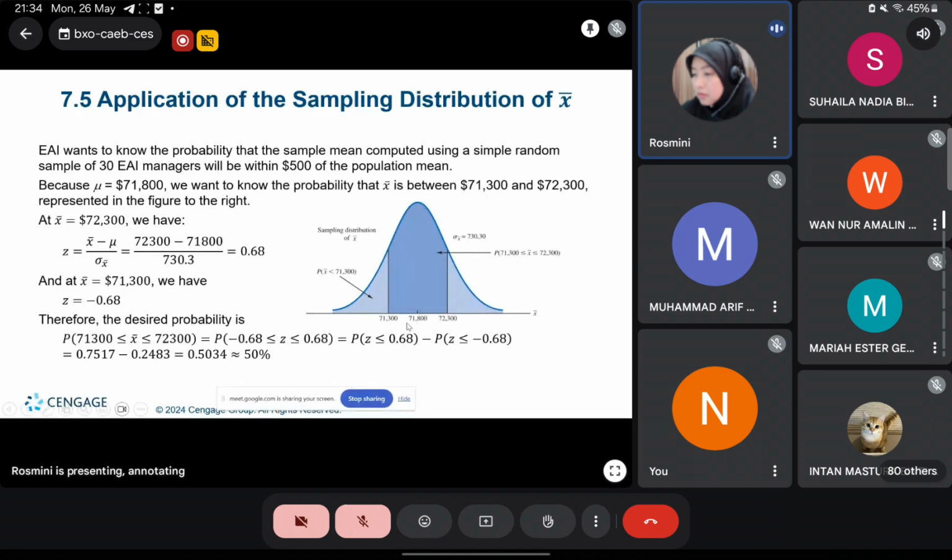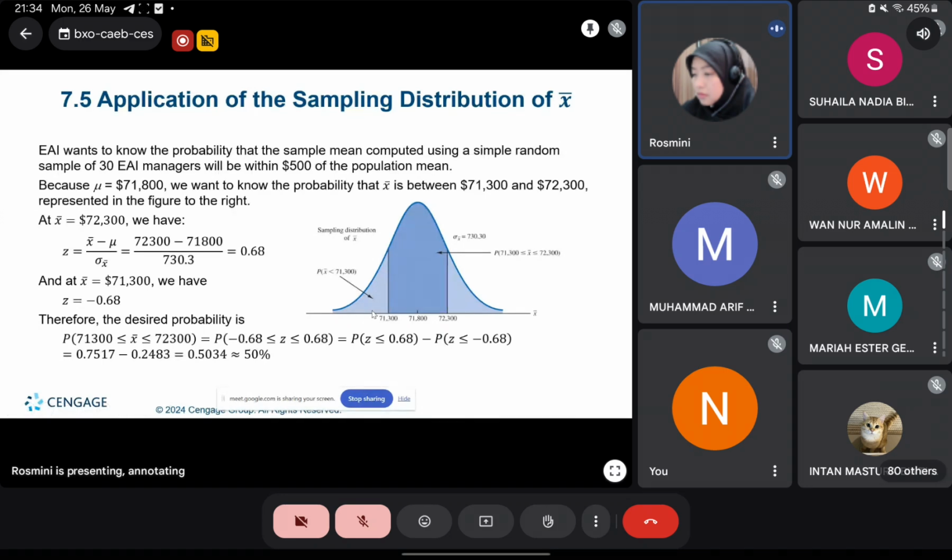So the company wants to know whether the sample mean could be within 500 of this. So 500 means 71,800 minus 500 and plus 500, that is plus or minus 500. So 71,800 minus 500 gives you 71,300, and 71,800 plus 500 gives you 72,300.